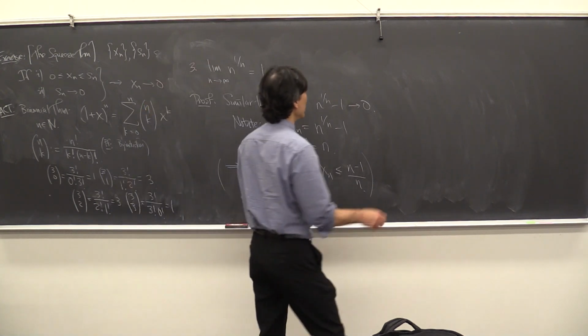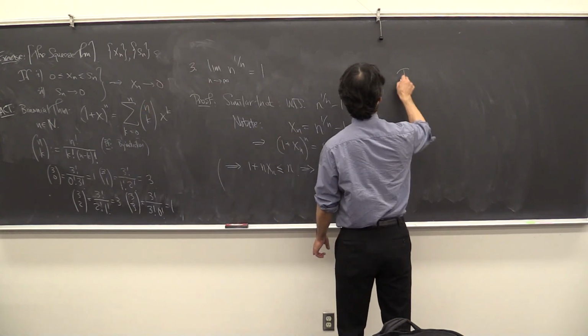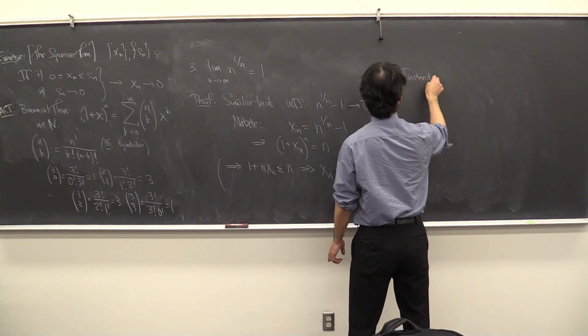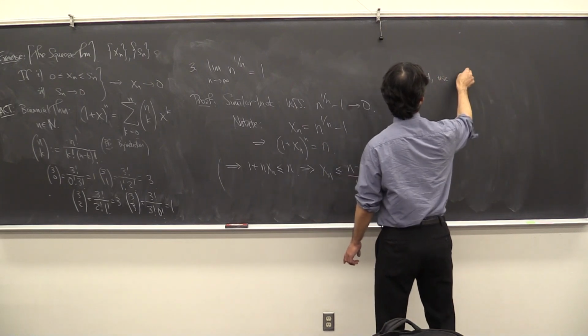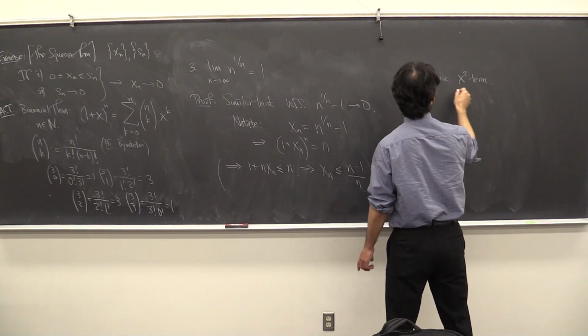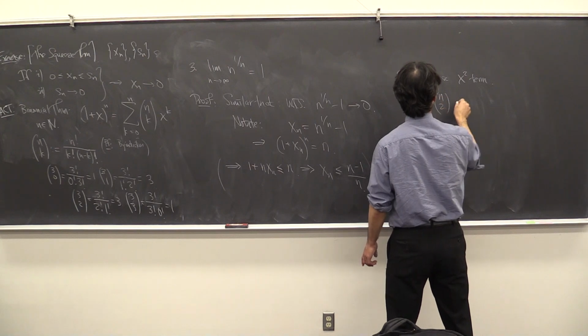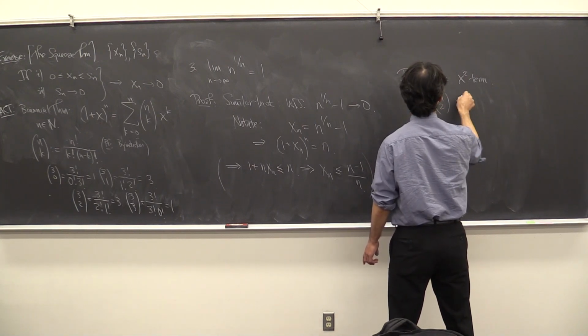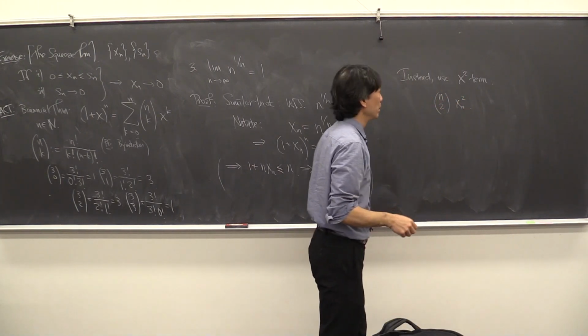Okay, but you can take the second term. So instead, use the x squared term from the binomial theorem, right? So that's going to be n choose 2 times x_n squared, right?